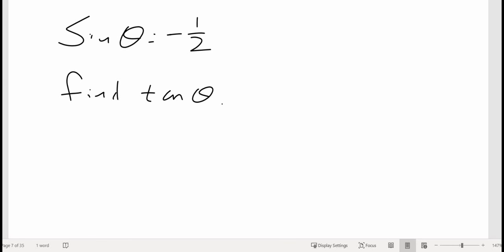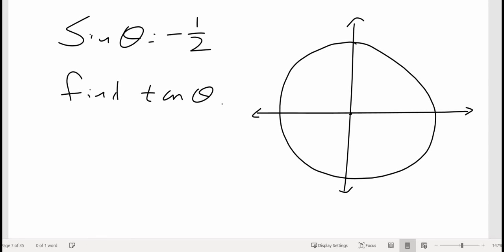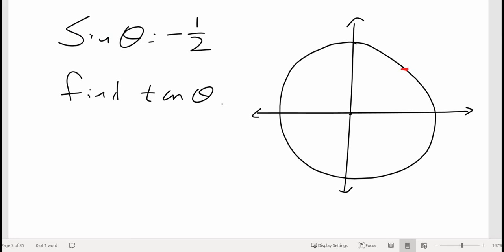I want you to think about the unit circle. Now, when we pick a point on that unit circle, because y'all have talked about the unit circle, right? We look at the x and the y coordinate.